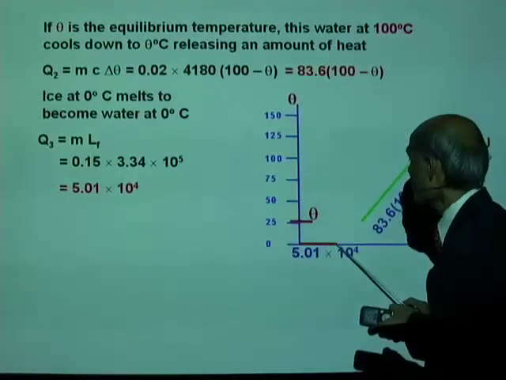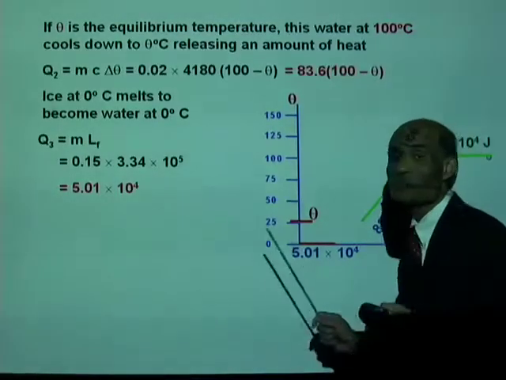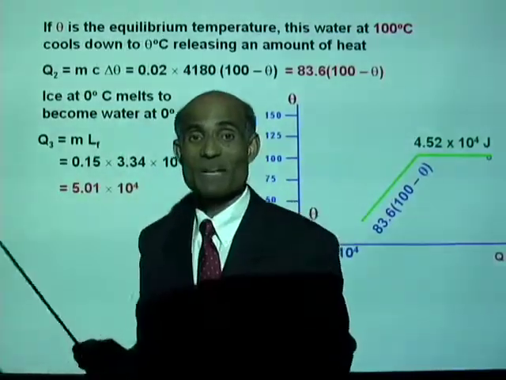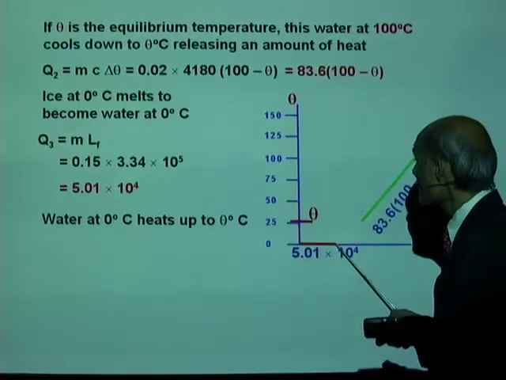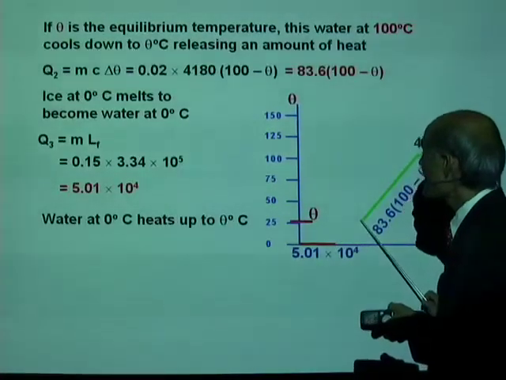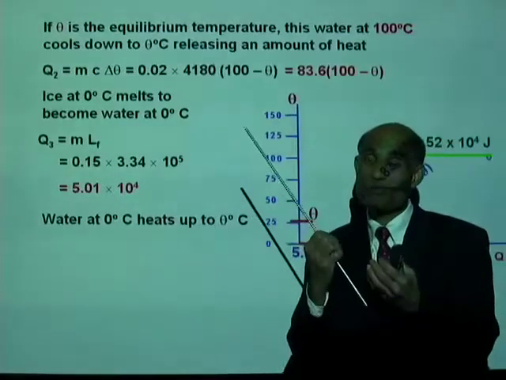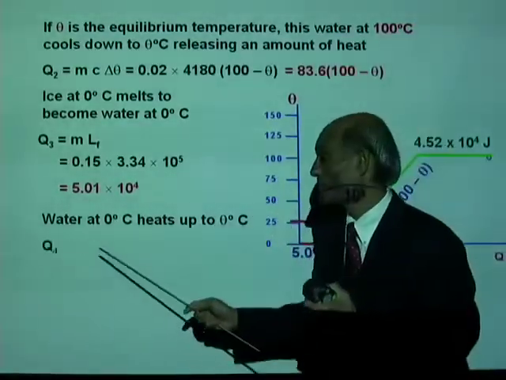And now, this water needs to go up to the equilibrium temperature so that both meet at the same temperature. This water at 0 degrees heats up to theta degrees Celsius. What is the amount of heat absorbed during that time? Can you do that on your own?